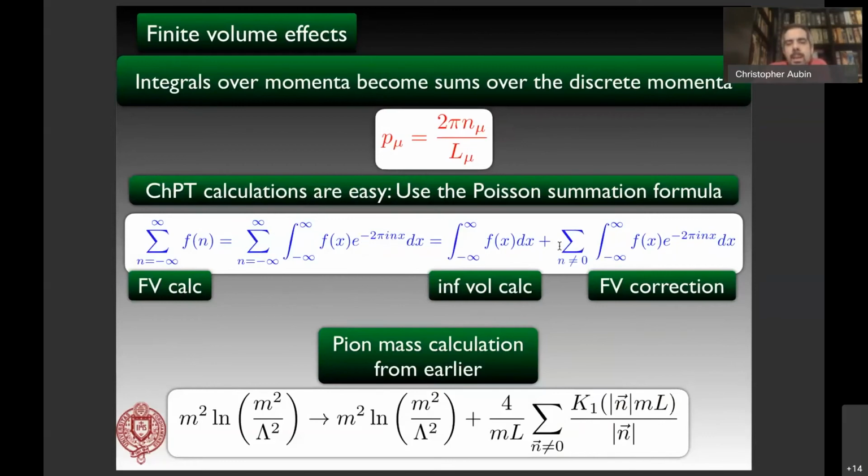I could write a sum of that same thing for n equals 0, which is this. The idea is that here's our finite volume calculation, which would be closely related to what we do on the lattice. This would be the infinite volume calculation. Whatever's left over is what we call the finite volume correction. For example, the pion mass.